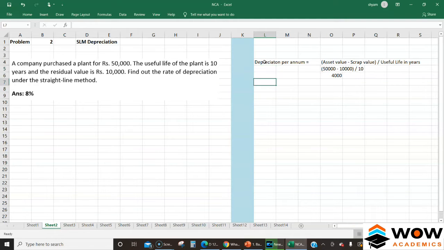So what we have to do from here, he's asking to tell the rate of depreciation. So what does this amount indicate? The rate of depreciation is 4,000. Or else we'll put it like this: depreciation per annum divided by asset value, into 100.